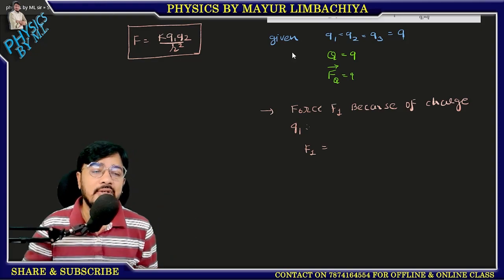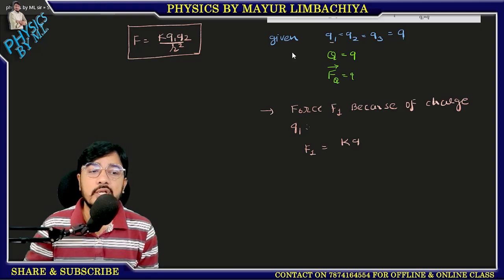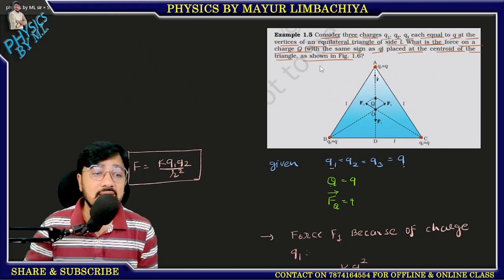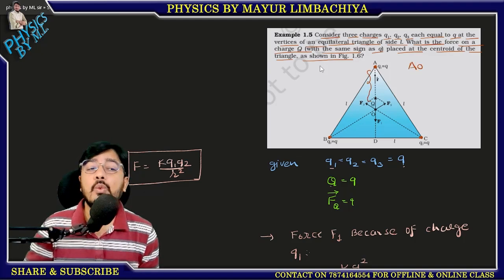Now F1 is K, so Q1, what is Q1? Q1 is Q, and capital Q is also Q. So Q square divided by, now the distance between capital Q and small q, it means this distance, and this distance is AO.